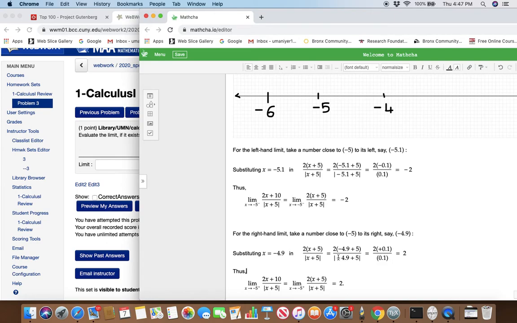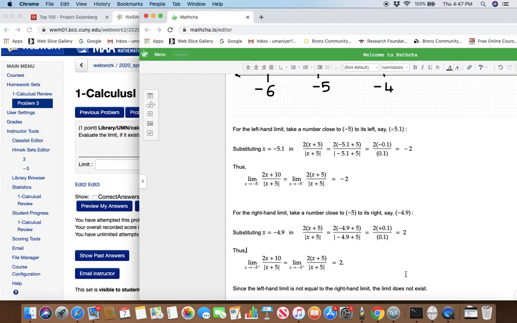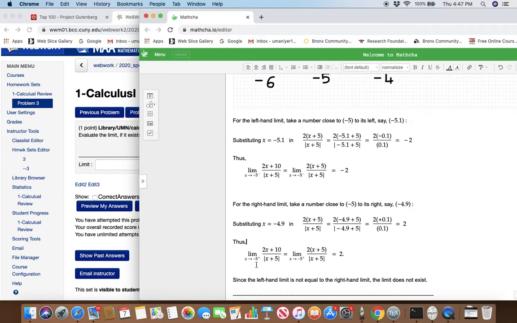Why? Because it's absolute value after all. Denominator is positive no matter what. It is the numerator which I have to worry about. So these two cancel, I get a positive 2. In other words, when I approach -5 from the right hand side, my expression limit is 2.